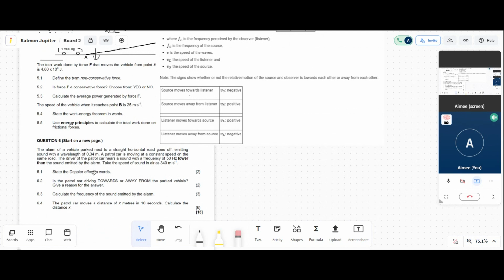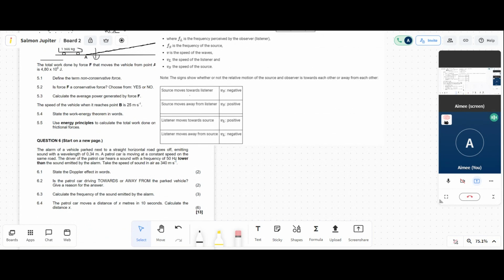Okay, so we've got a stationary source because our parked vehicle is our source, and we've got a moving listener. That means that when we've got a moving listener, we're looking at the bottom two. We're not looking at the top two because that's when the source is moving. But they've clearly indicated that the source is parked and staying still. So we're looking at the listener.